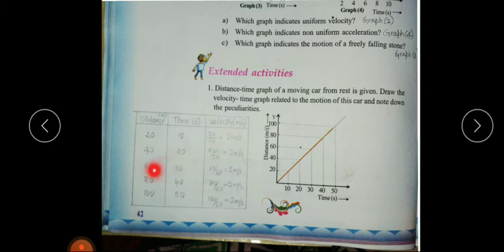In this same way, find all the velocities. Using this information, draw the velocity time graph. Here we can take distance as well as displacement, because when the car moves in a straight line, the distance and displacement become equal.